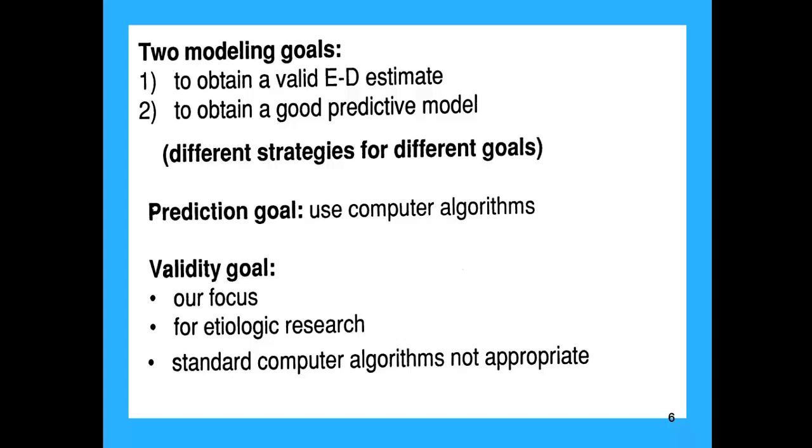In fact, when you took the course last spring from, I guess it was Bob Lyles, you were using the other book, the regression book. In the regression book, there's a chapter about, I don't know whether it's called modeling strategy or how to get the best model. In that chapter, there's a discussion of how to go about getting a best model if your goal was prediction as opposed to validity.